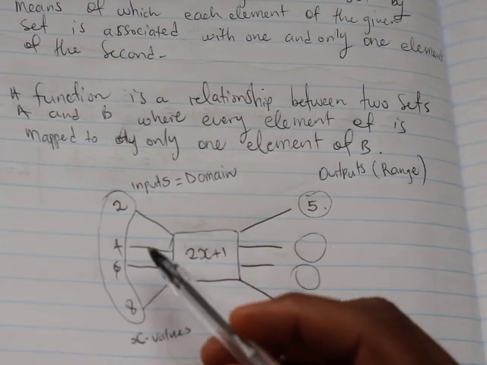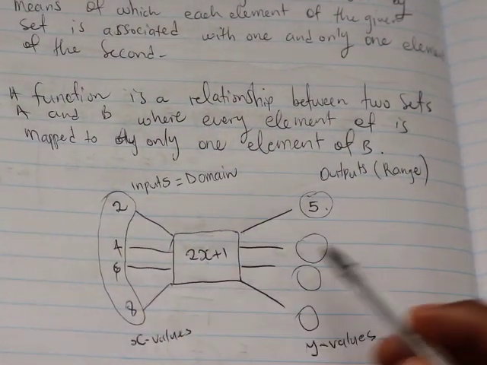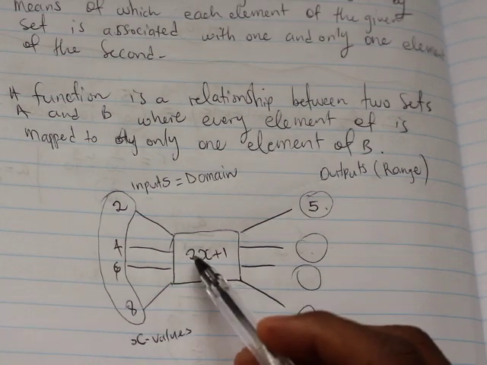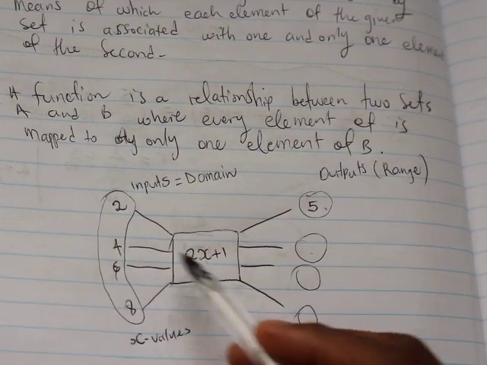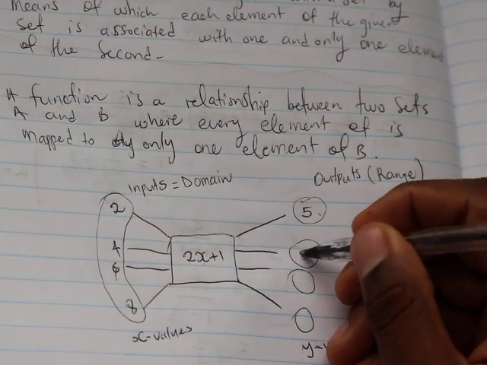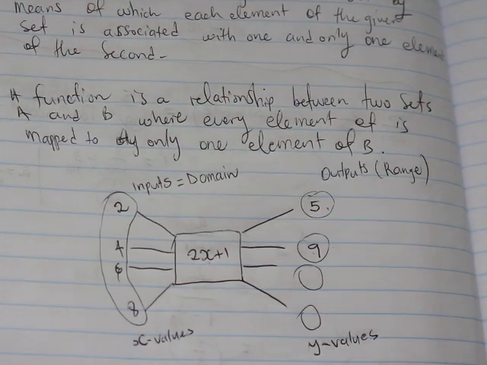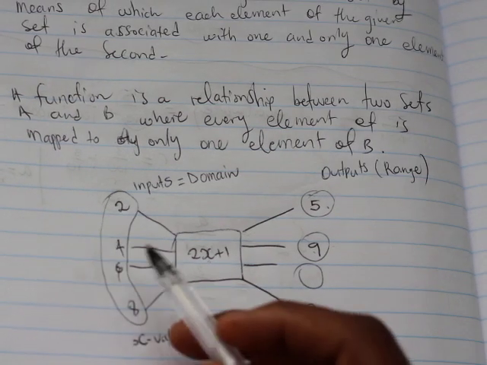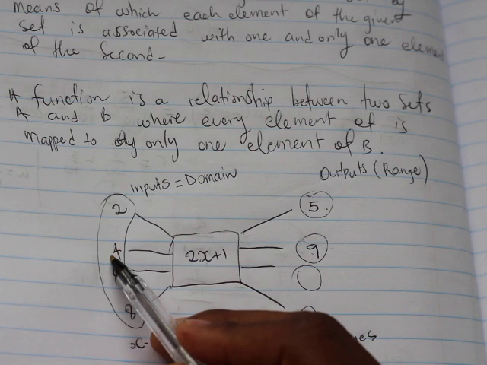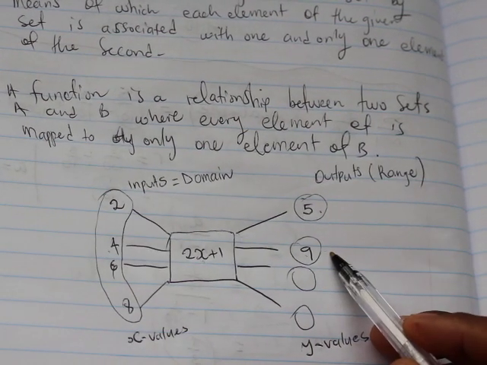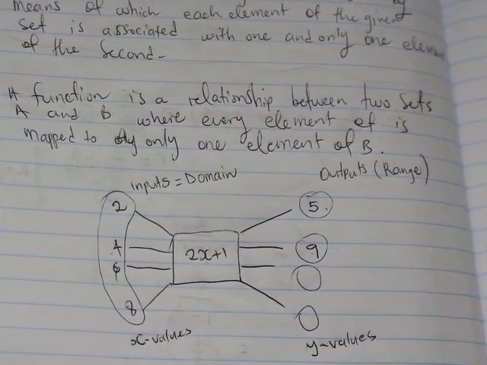But what happens when the input is 4? What's the output? So 2 times 4, that's 8, plus 1, that's 9. So we're getting a 9 here. And then that means that 4 is mapped to 9. Right? Can you see?